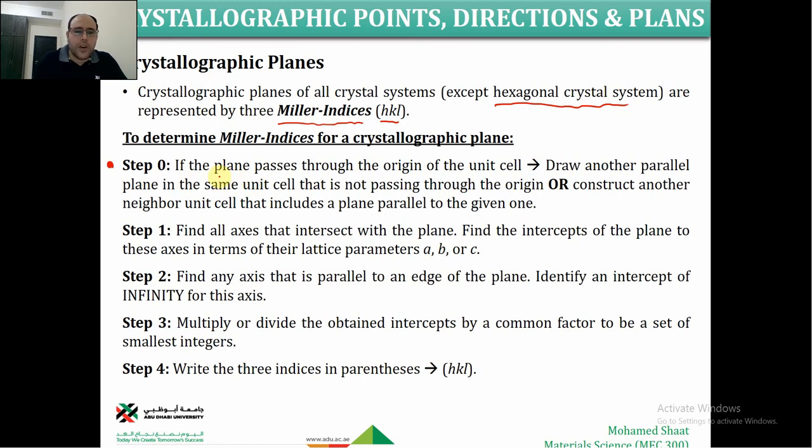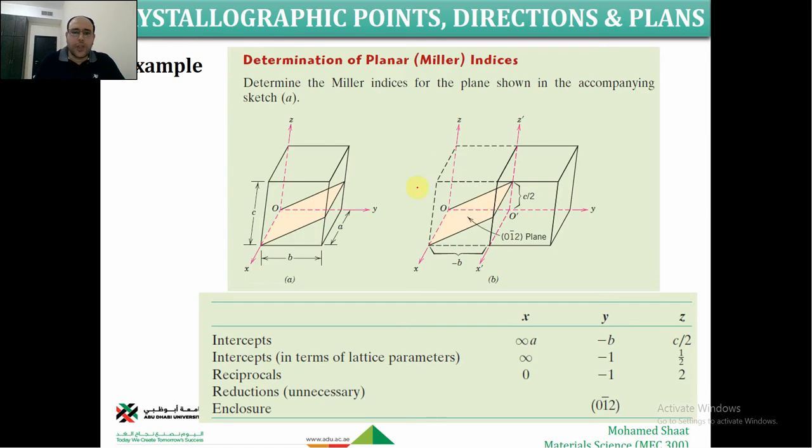In step 0, if the plane passes through the origin of the unit cell, just to give you more detail, let us assume that you have a unit cell like this one, and this highlighted thing is a plane that could include a set of atoms. For some reason we are interested in specifying this plane, giving a name to this plane.